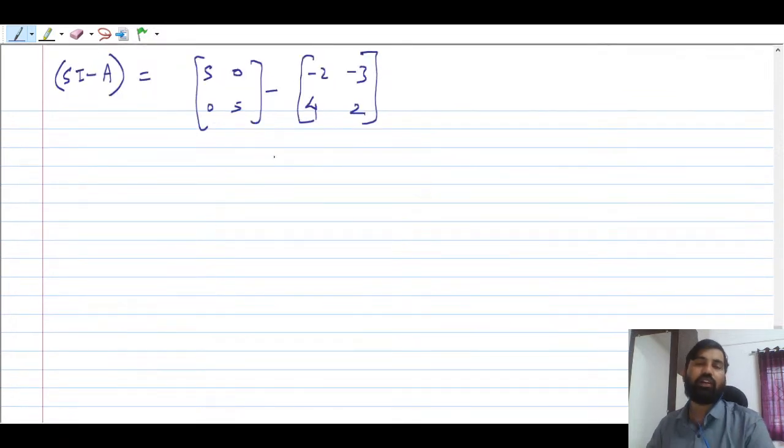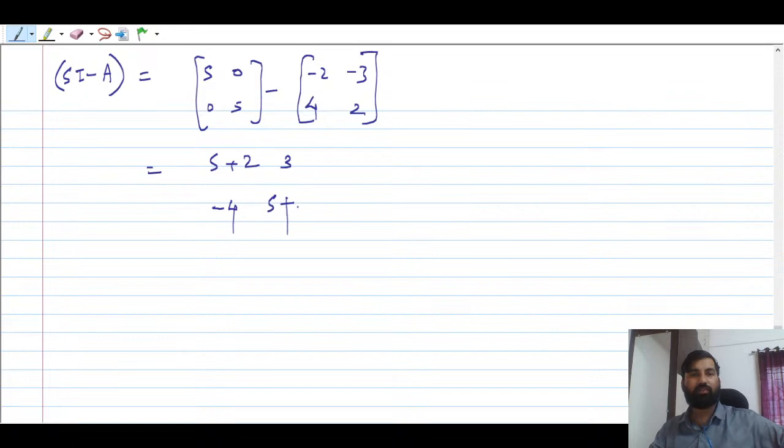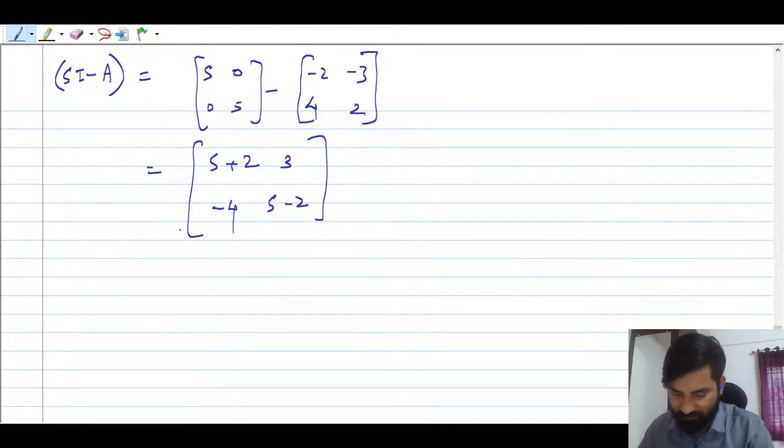Now you can add this, so it will be s plus 2, then 3, and this is minus 4, and then s minus 2. So you will get sI minus A like this.